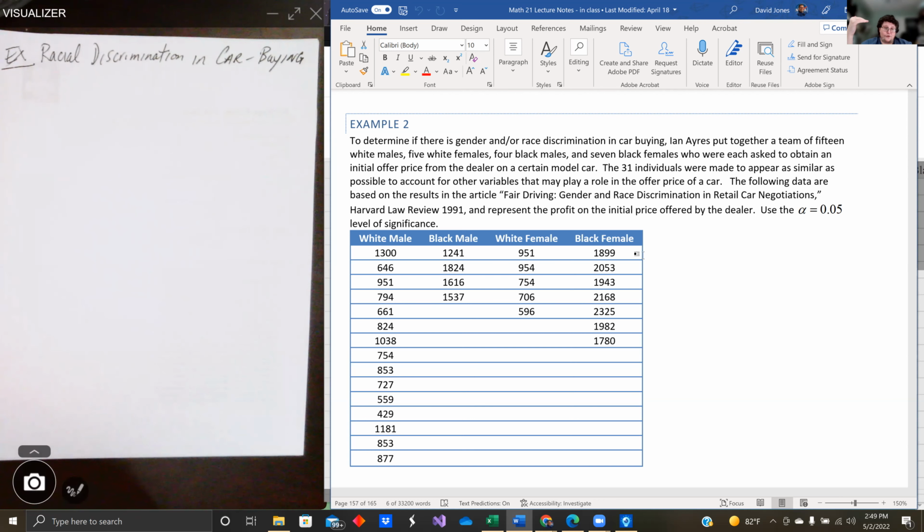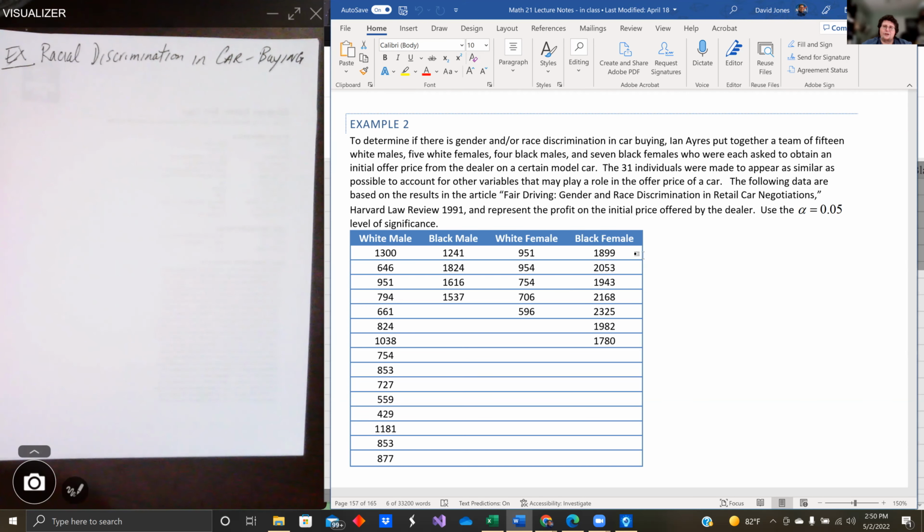So let's say the car goes for $25,000. It takes $25,000 to make. If they sell it for $26,000, they make $1,000. If they sell it for $30,000, they make $5,000. So obviously the bigger the price they go for, the more profit.